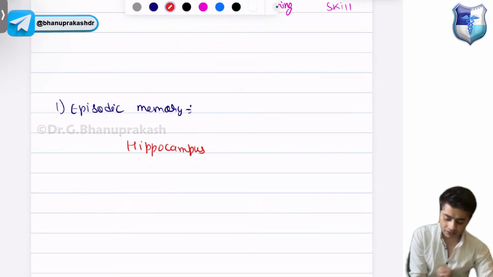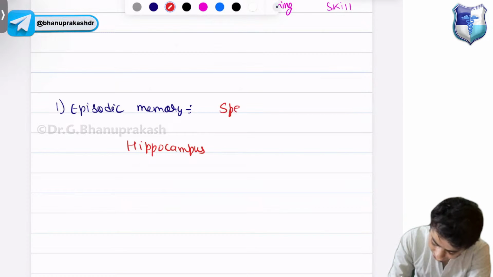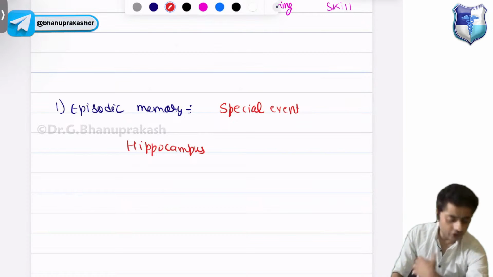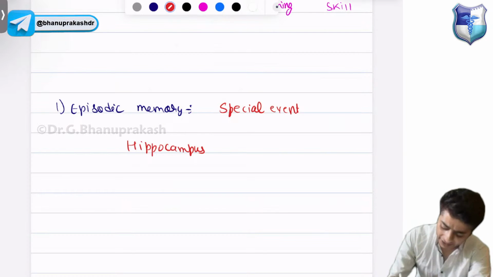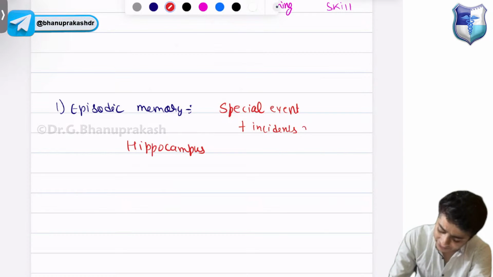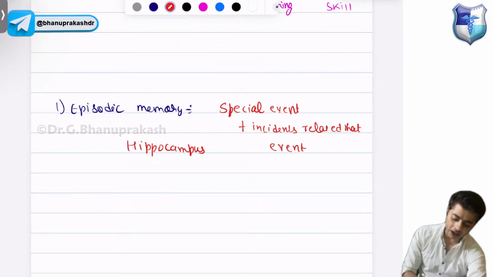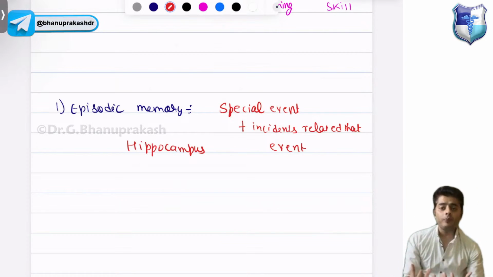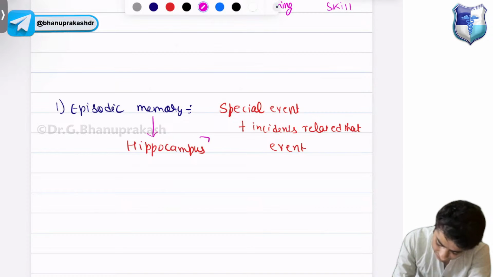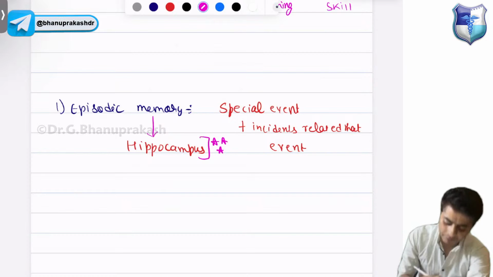A special event, like your birthday, your marriage, your friend's birthday and marriage, and incidents related to that event. Okay. And which center of the brain stores this episodic memory? It is your hippocampus.